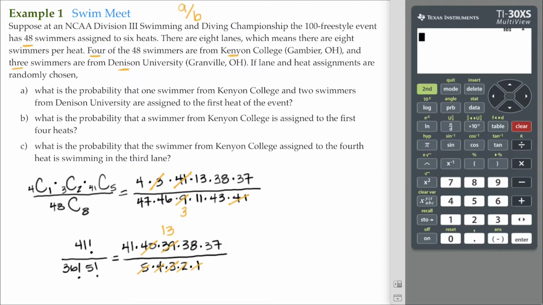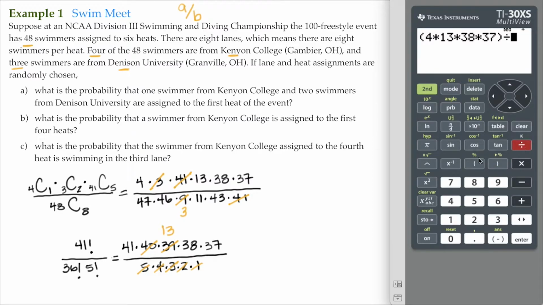So now I could go ahead and use my calculator. When I enter this, I want to use parentheses because I want to be able to delineate between the numerator and the denominator. I'll start off with 4, times 13 times 38. All we're really doing is lightening our load a little bit, times 37. Close off that parenthesis.